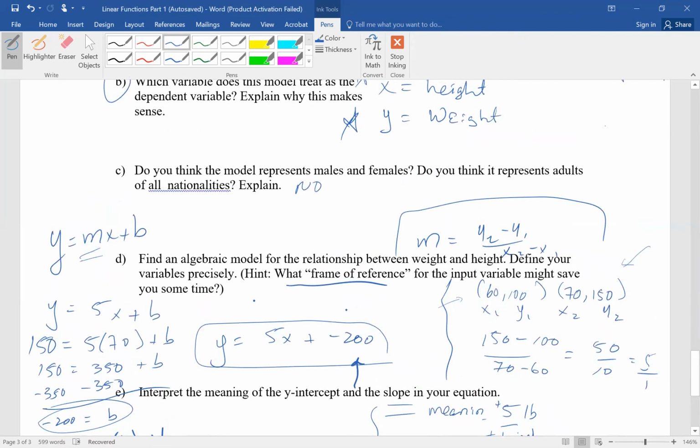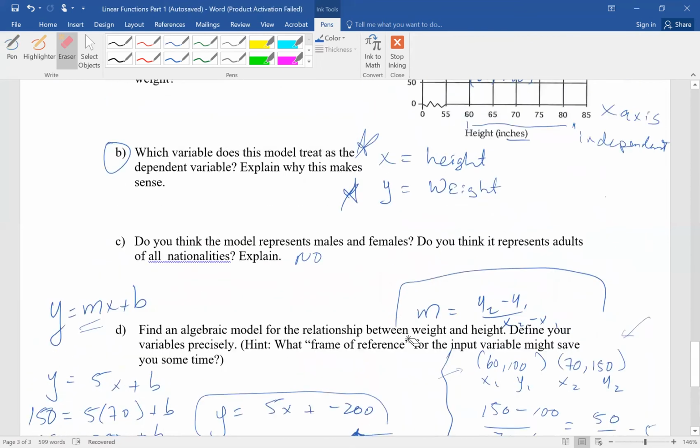I totally misspoke. For x, because it's a height, you could plug in what happens when you're 0 inches tall, and according to this, you would equal negative 200 pounds. So the model that you develop a lot of times will only apply for certain instances. So make sure that you account for that.